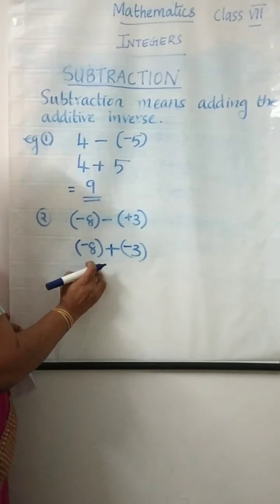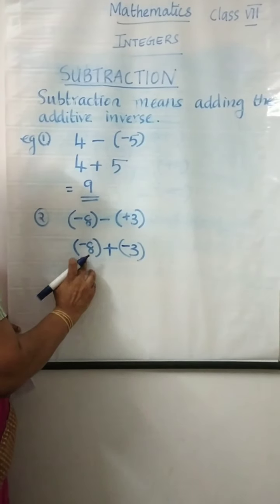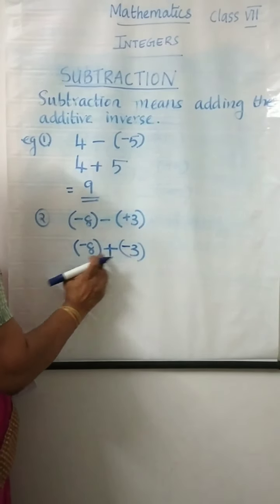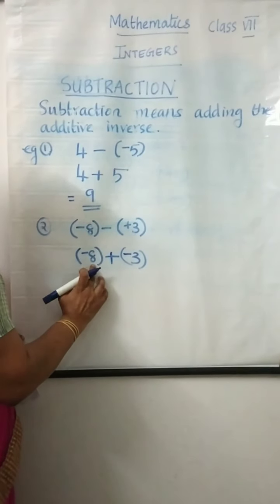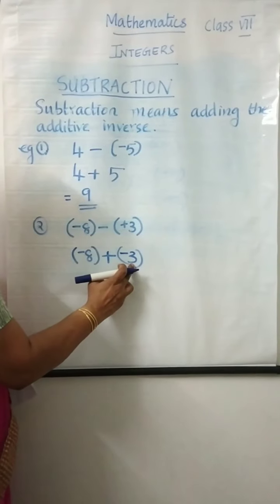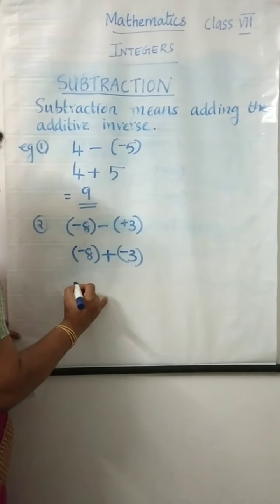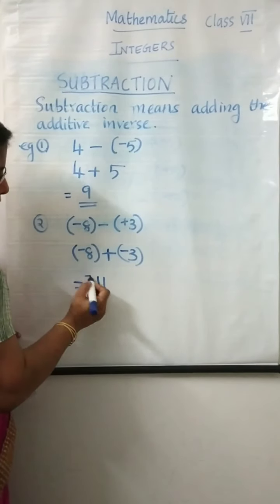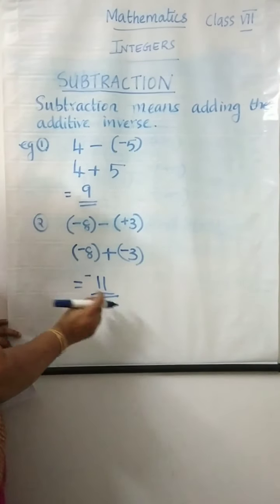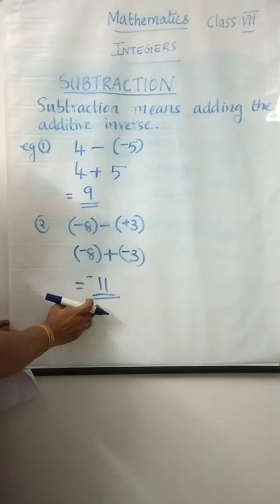Now this is changed to an addition problem. Both integers are having same sign. That is, both are having negative sign. So you have to add these numbers together. That is 8 plus 3. 8 plus 3 is 11. And since both are having negative sign, you have to put the negative sign. So the answer is minus 11.